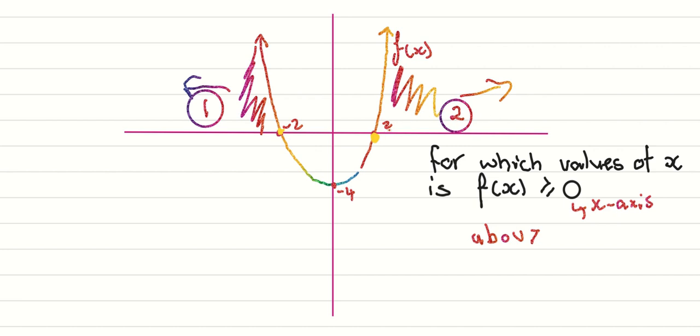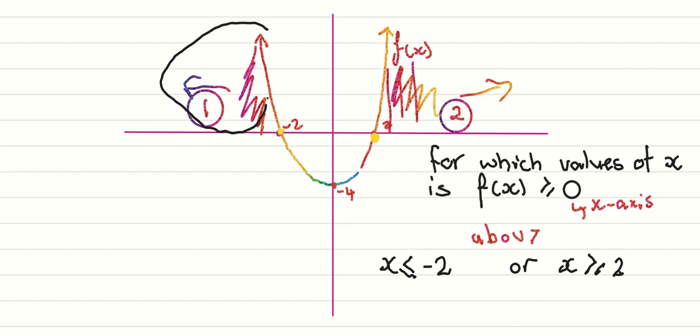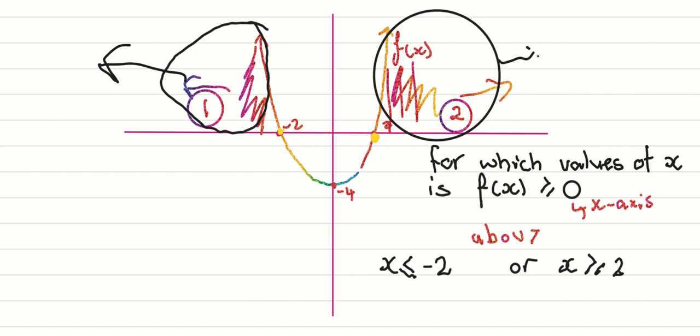Because at these points your graph is above the x-axis, your two solutions would be: when x is less than or equal to -2, or when x is greater than or equal to 2. You'll notice that these answers are separated because it happens on two separate parts of the Cartesian plane, going towards the left and going towards the right. So your solutions have to be written separately as well.